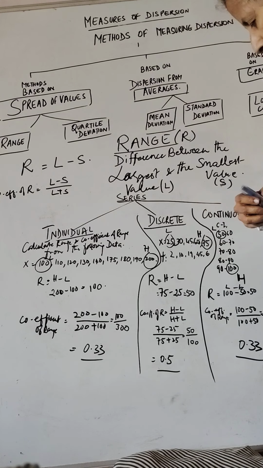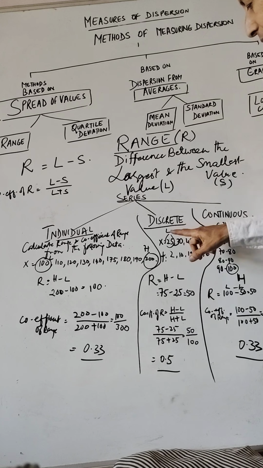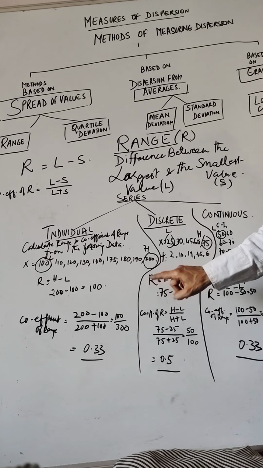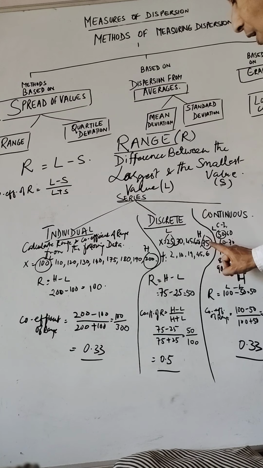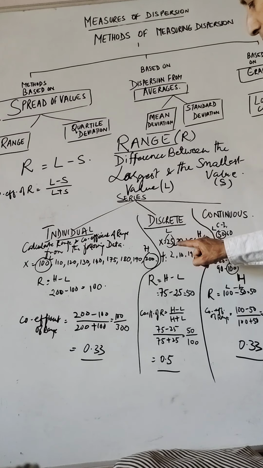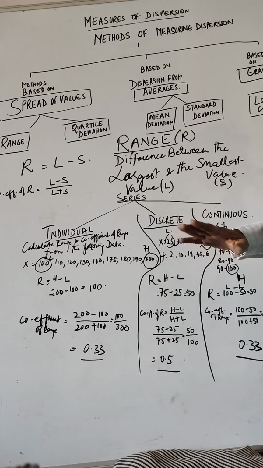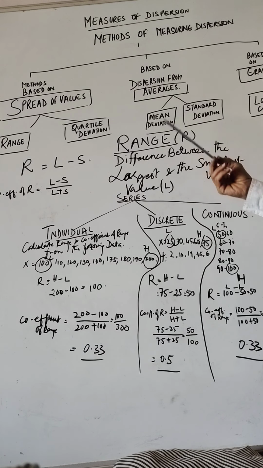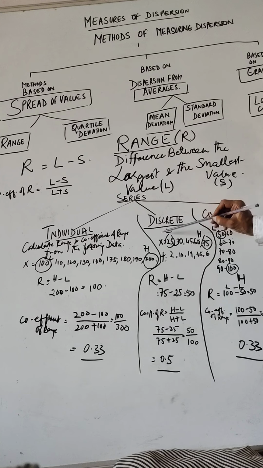If I change these 3 values, still, if the largest and the smallest are not tampered with, then the range is going to remain the same, because the highest value hasn't changed and the lowest value hasn't changed. I have changed only the variables in between. It really doesn't matter. The range remains the same if you don't tamper with the lowest and the highest values.